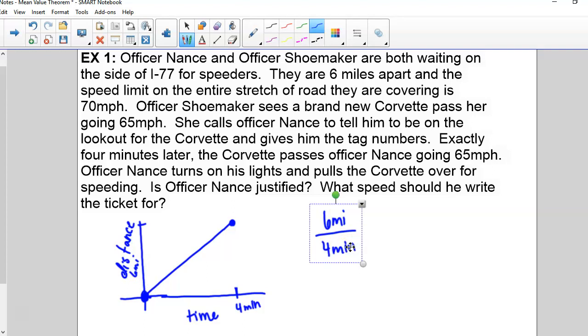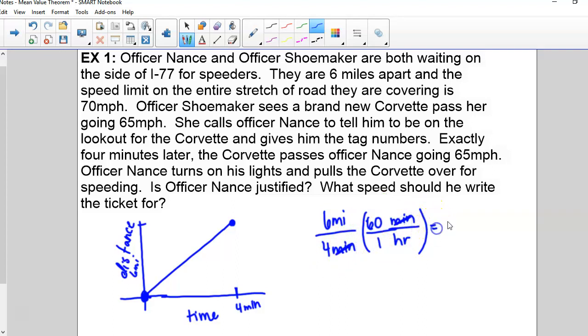But we can't write a ticket for how many miles per minute somebody was going, so we've got to convert that to miles per hour. So if minutes are on bottom, I'm going to put minutes on top. I'm going to put hours on bottom. And there are 60 minutes in 1 hour. So my minutes can cancel there.